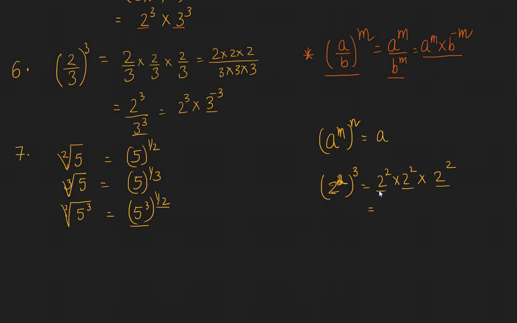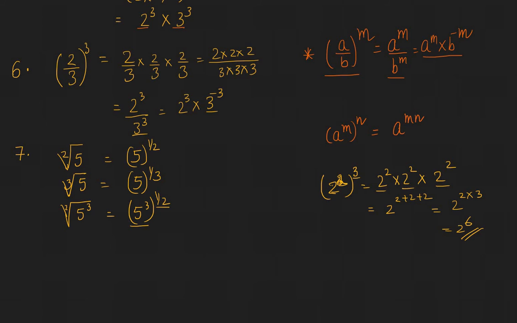Or in other words, this is 2 power 2 plus 2 plus 2, or 2 into 3, which is 2 power 6. So these two get multiplied. So a power m the whole power n is given by a power m into n.